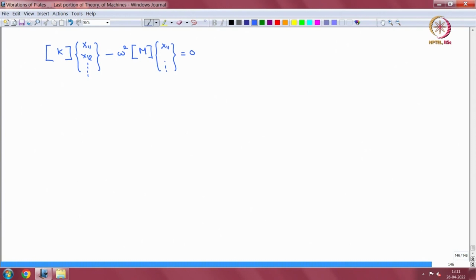Then you get a generalized eigenvalue problem; find out your omega square. Then you multiply by rho h a fourth by D and take a square root, that is your square root of lambda, which is listed in the paper.